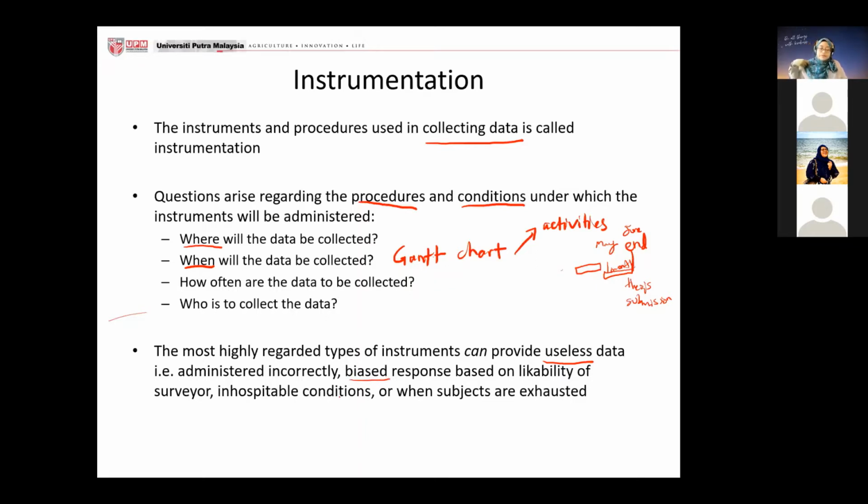So the condition sometimes, if you do an interview and the situation is not conducive for an interview, maybe during that time it's very, very busy, for example, the results that you get might be biased, and so on and so forth. So there could be many different factors that affect your data collection. So bear that in mind.